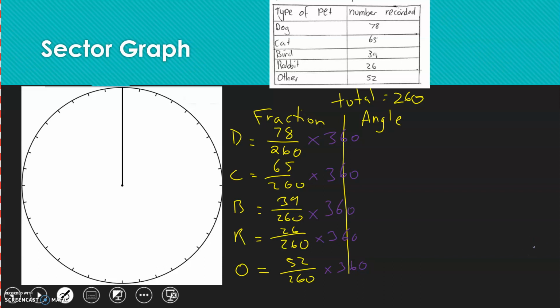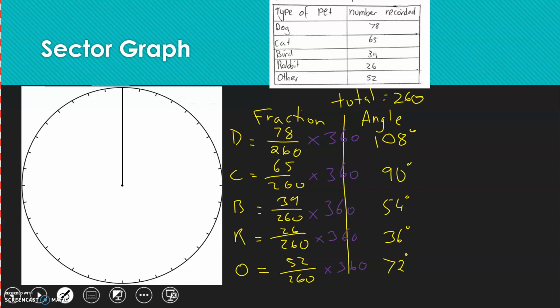So our angles will equal 108 degrees, 90 degrees, 54 degrees, 36 degrees, and 72 degrees. What we then need to do is use a protractor to measure each of those angles and draw them in a circle.